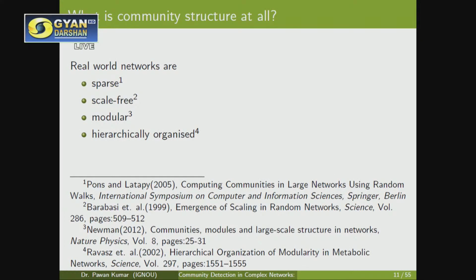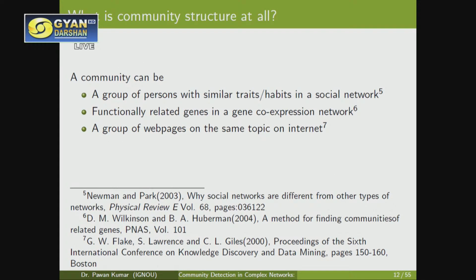There are some things that we have seen, like real world networks are sparse, scale free, modular, and hierarchically organized. So what is community structure? If you look at a social network, community structure could be a group of persons with similar traits or habits.